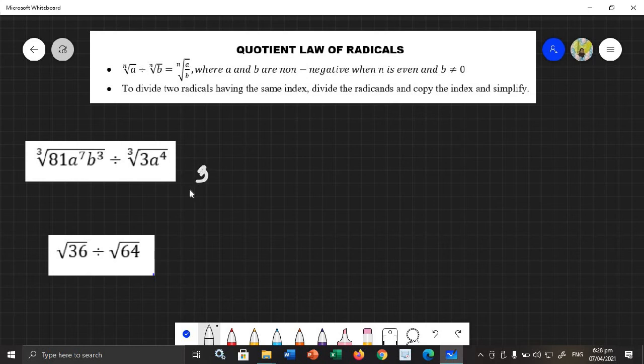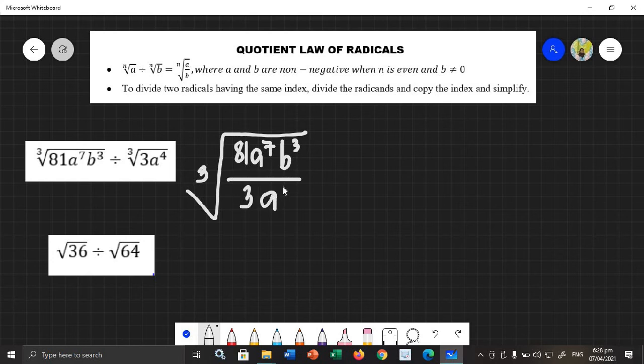So we will rewrite the given like this: the cube root of 81 a raised to the 7th power b raised to the 3rd power all over 3 a raised to the 4th power. And then we need to apply the quotient rule in the laws of exponent to simplify the radicand.